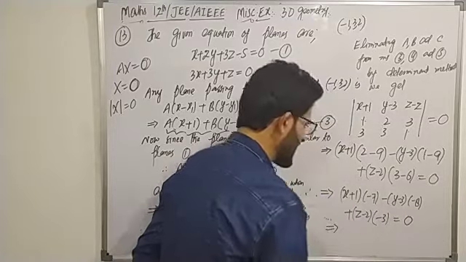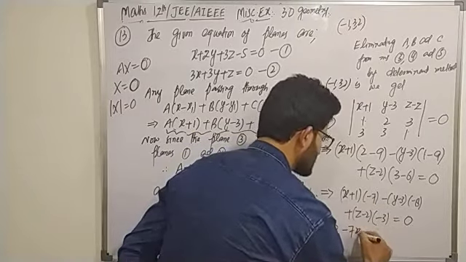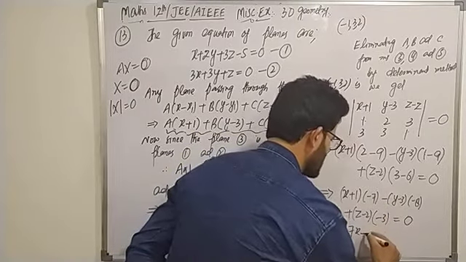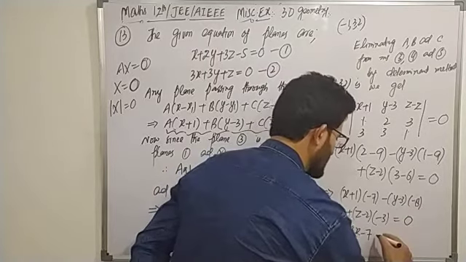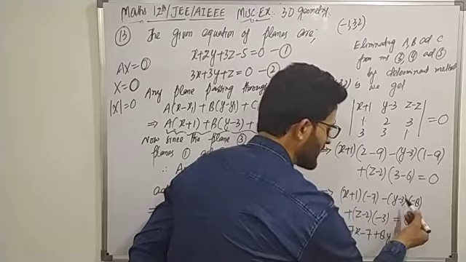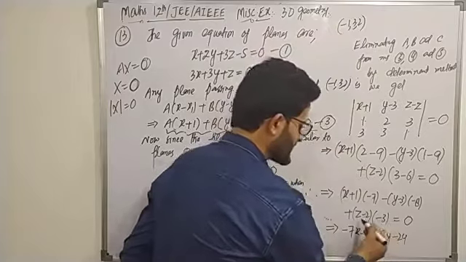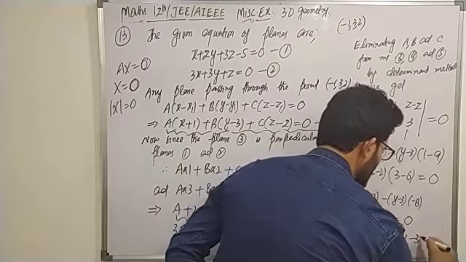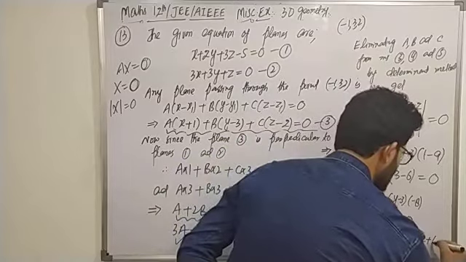Simplify the equation, implies minus 7 into x that is minus 7x, minus 7 into 1 that is minus 7, minus into minus is plus, 8 into y that is plus 8y, and 8 into minus 3 that is minus 24, minus 3 into z that's minus 3z, and minus 3 into minus 2 that is plus 6 is equal to 0.